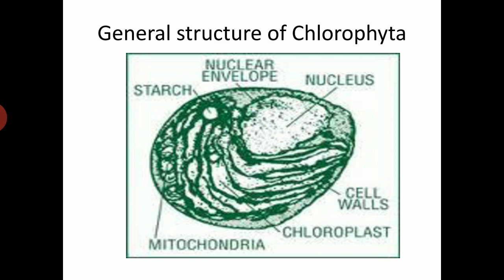The cell wall is usually differentiated into two or three layers. The inner layer next to the protoplast may be either wholly of cellulose or a mixture of cellulosic and non-cellulosic chains.